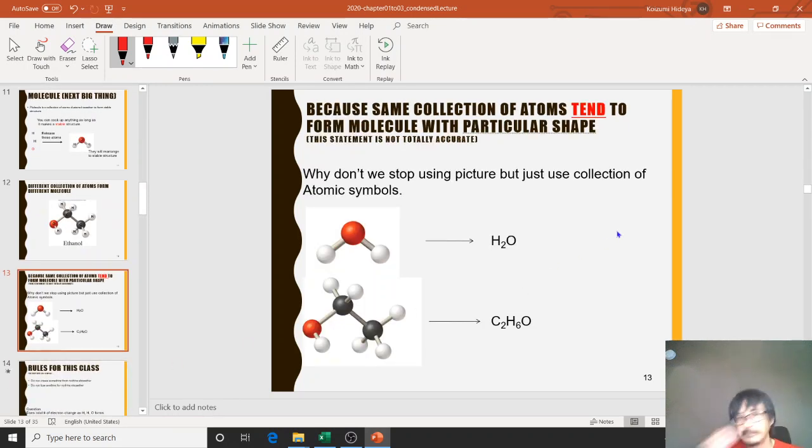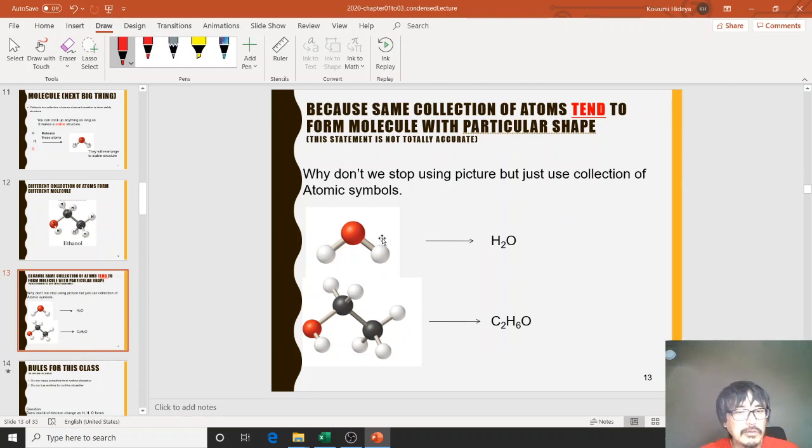Each of these molecules, this may not be that accurate, but about 90% of the time you are going to find exactly the same structures.